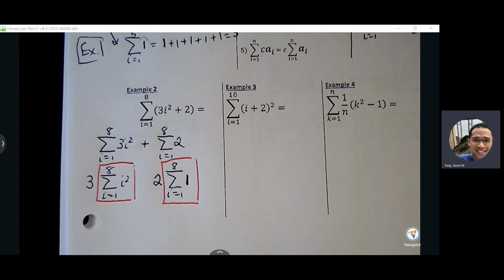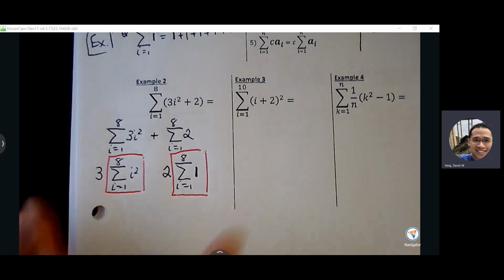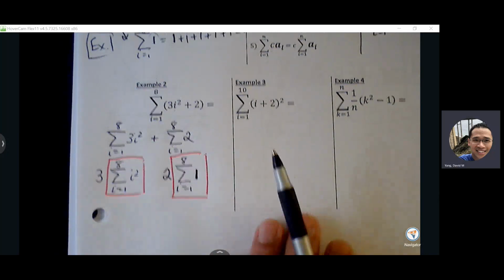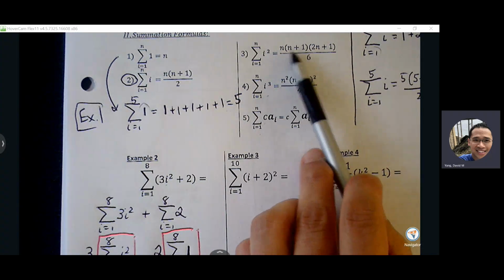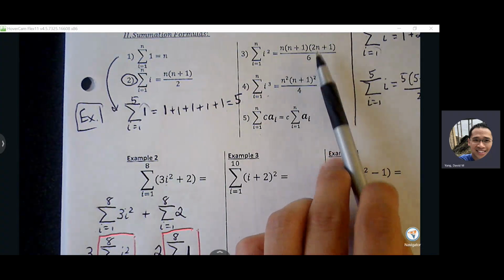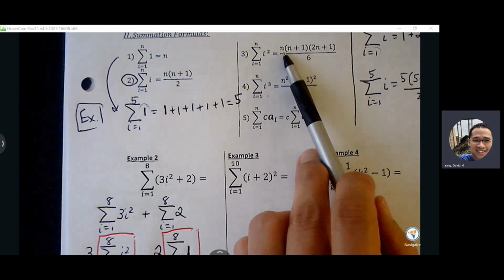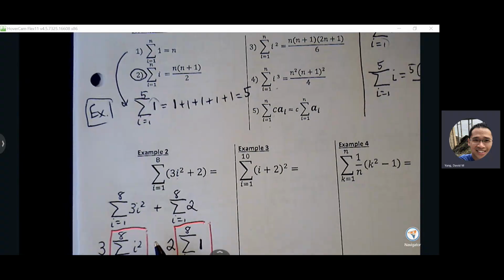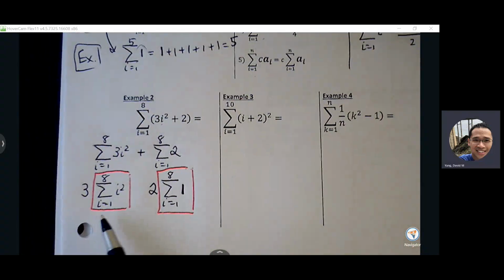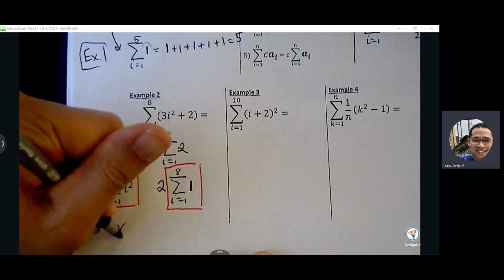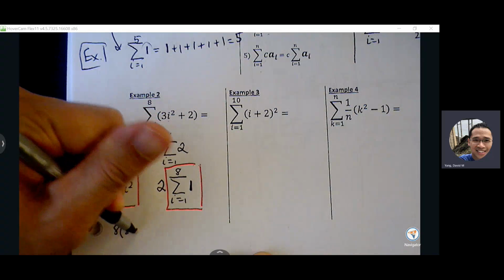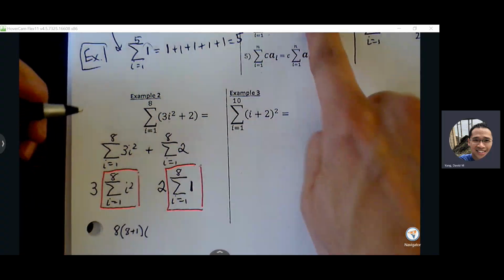Any questions? Okay, so now we're going to apply the rule. Summation from 1 to 8 of i squared. I have a rule for that, which is n times n plus 1 times 2n plus 1 all over 6. What's the n value for this sequence here? 8, yeah. So I'm going to say 8 times 8 plus 1 times 2n plus 1.